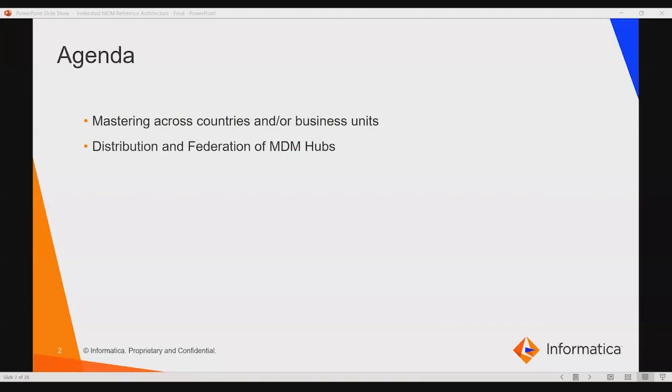So today we're going to discuss a couple of agendas. Number one, which is the mastering across countries and or business units, and the distribution and federation of MDM hubs. Now, with the growing size of businesses and our customers, it has become critically important to master the source system data coming from across various source systems, of course, right? To master them.